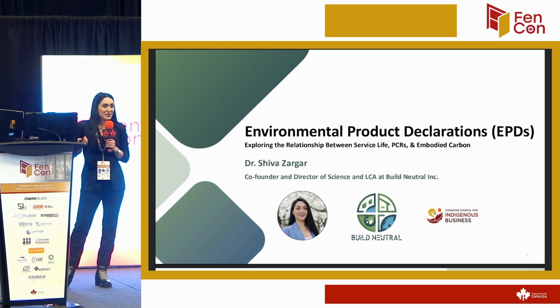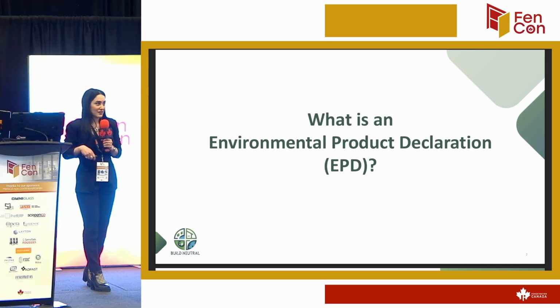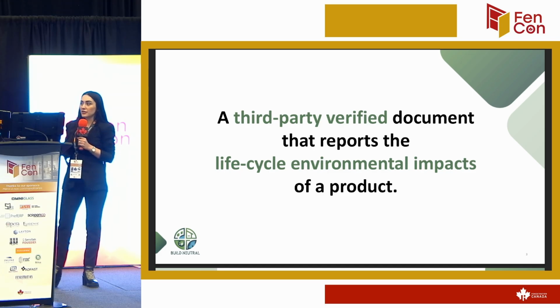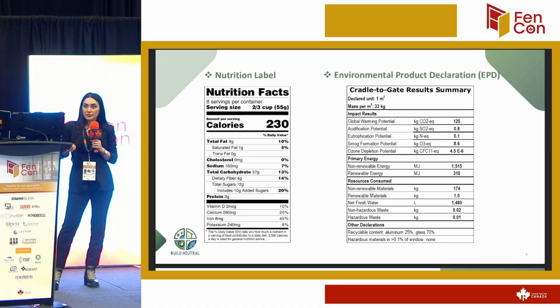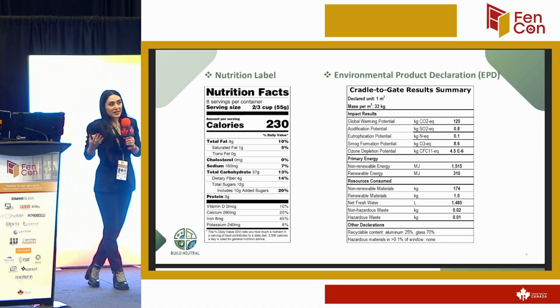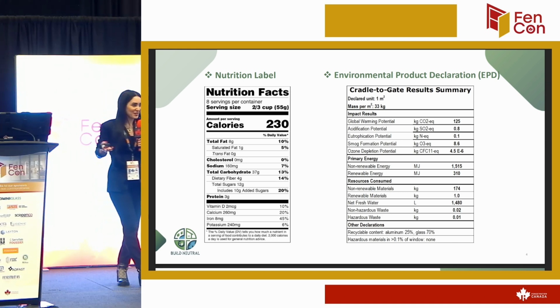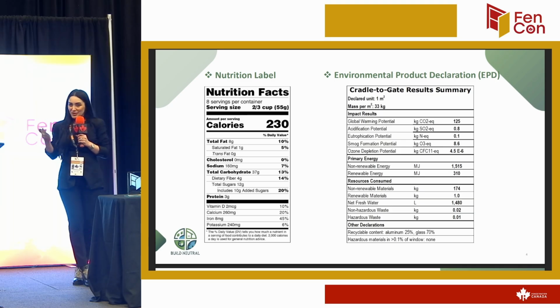Now, diving into EPDs. What is an environmental product declaration? A third-party verified document that reports the life cycle environmental impacts of your product or service. When you go to the grocery, especially if you're on a special diet, you always look at the nutrition label of your products.